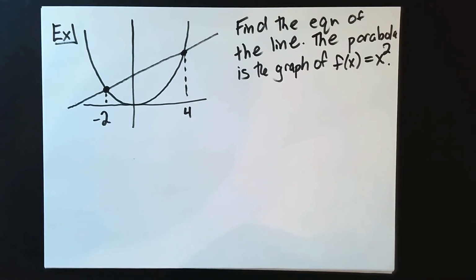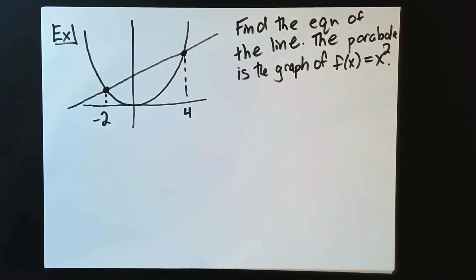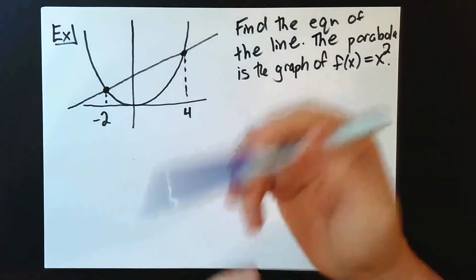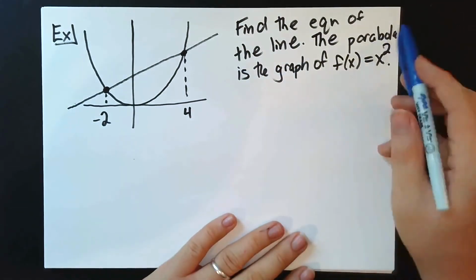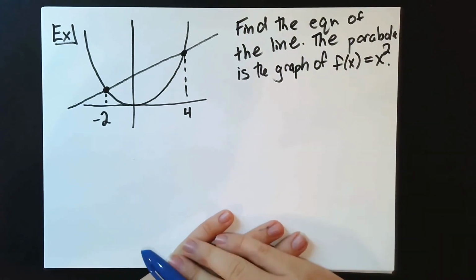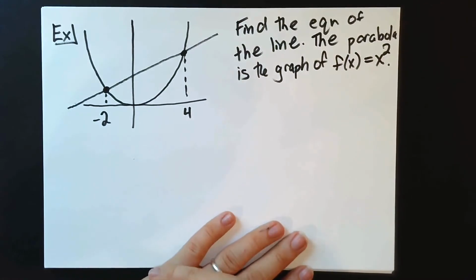Okay, so here's one last kind of line question that I think looks intimidating, but is actually not so bad. Namely, you're given, again, much like in the last question, a line and a parabola. In this case, you're told the graph parabola is just f of x equals x squared, or that's the function that this parabola is the graph of. Okay? And we're asked to find the equation of this line.